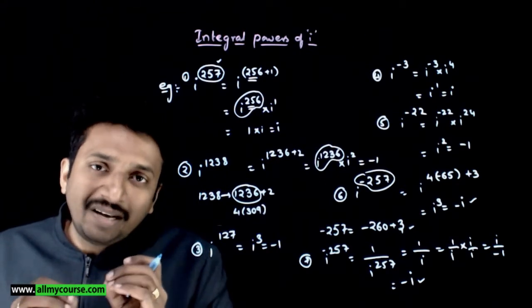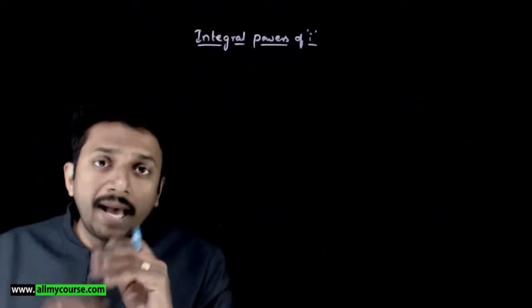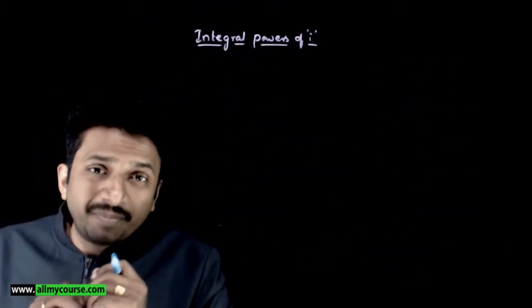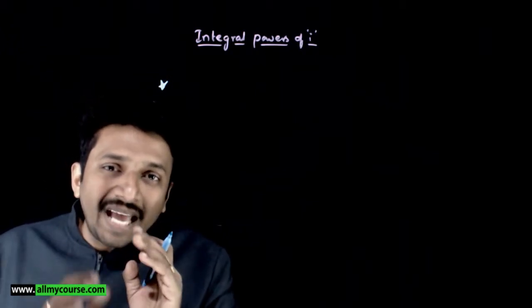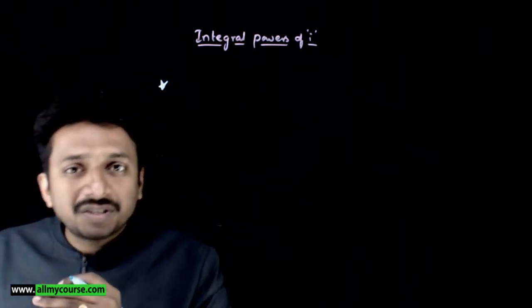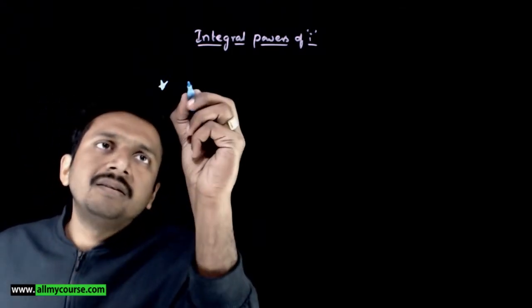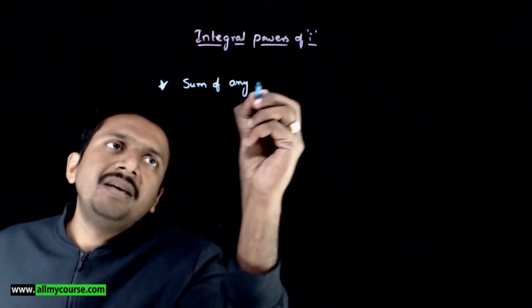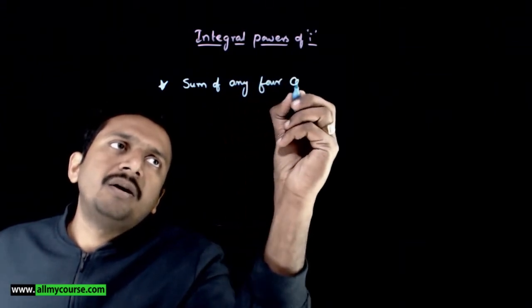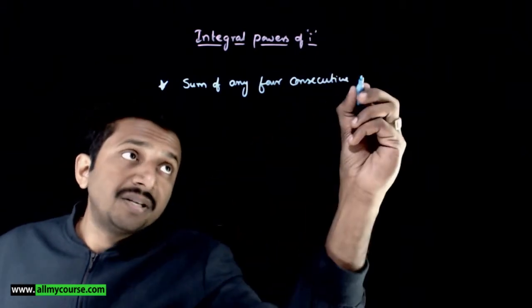Now let us look at an important property of the powers of i. An important property of integer powers of i is that the sum of any 4 consecutive powers of i will always be equal to 0.